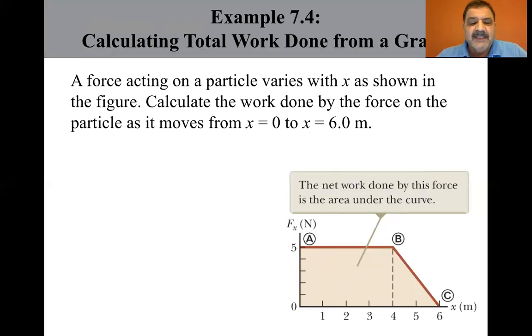The force remains constant as the particle moves through the first 4 meters and then decreases linearly to 0 at 6 meters. In terms of the earlier discussion of motion, the particle could be modeled as a particle under constant acceleration for the first 4 meters because the force is constant.